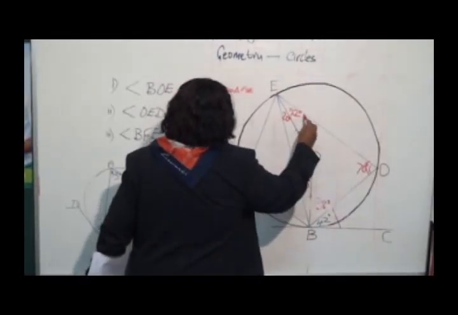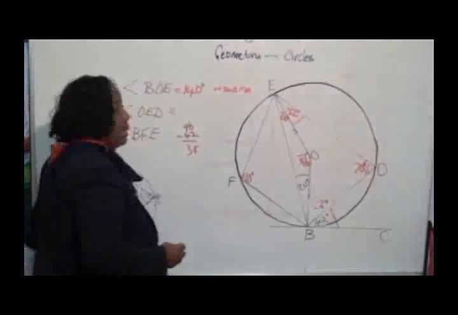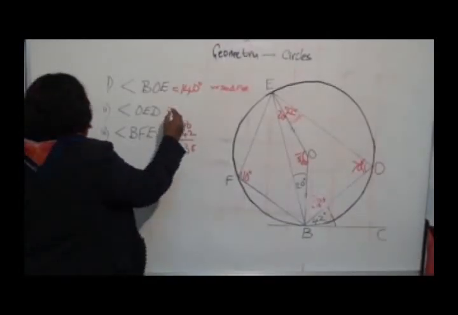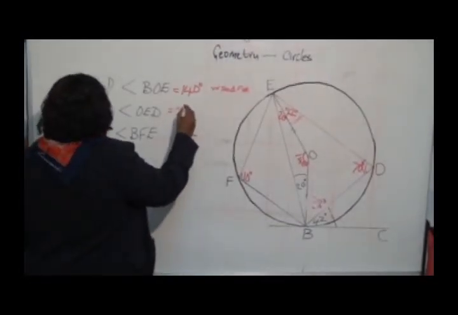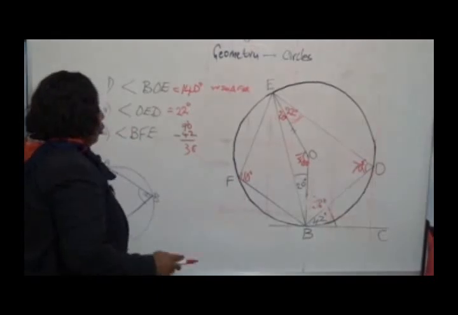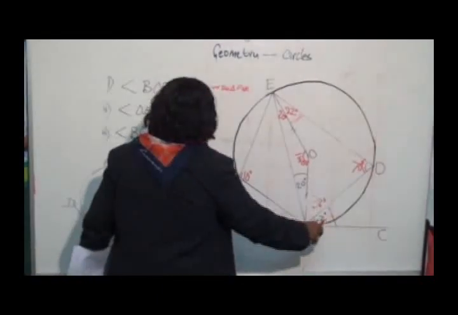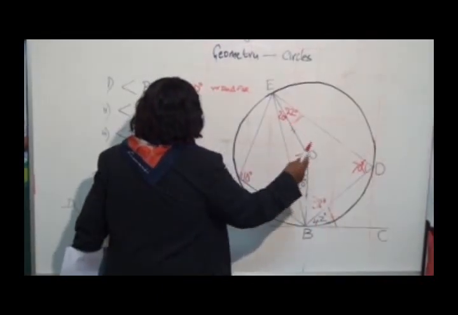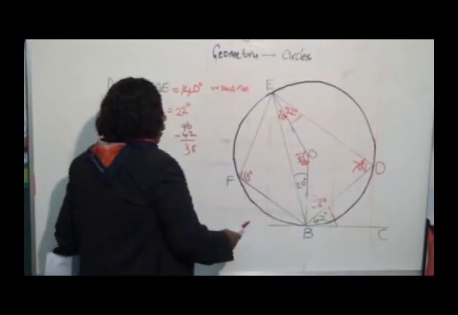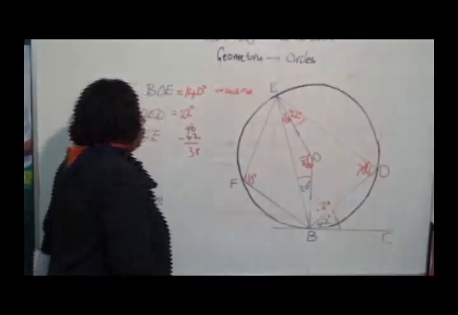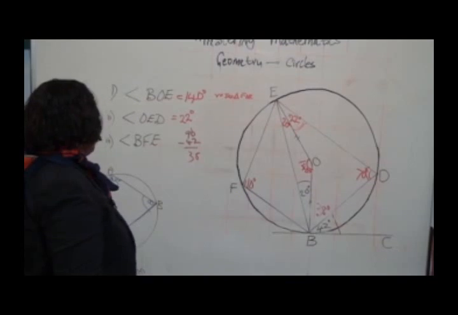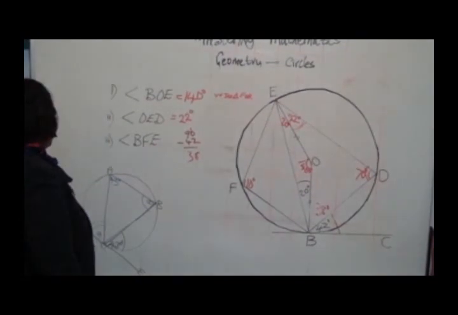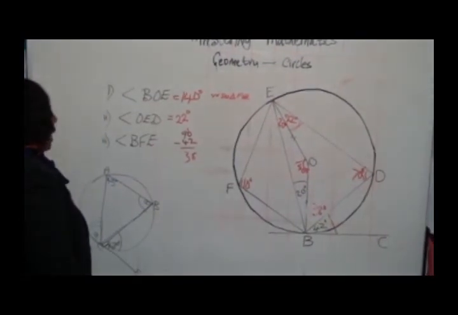And you see it right here, we said it's equal to 22 degrees, because again we said that the whole angle was equal to 42 degrees, since the angles in the alternate segments are equal, but since a piece of it is 20 over here, this would have to be 22 to make up that 42 degrees. And the next one they wanted us to show was BFE.